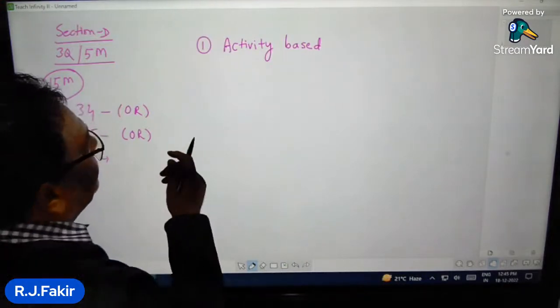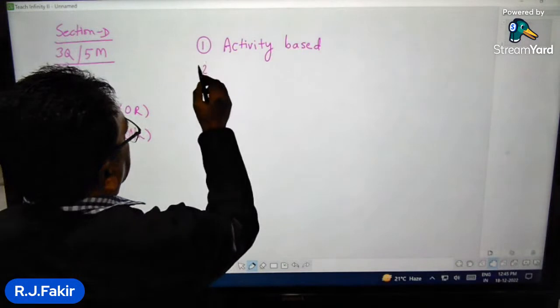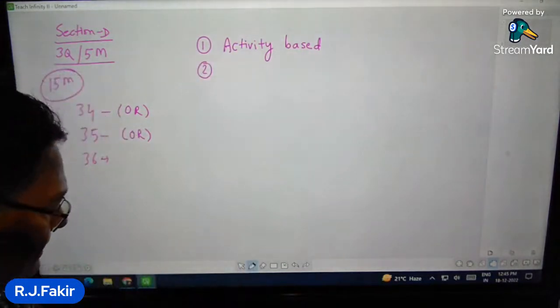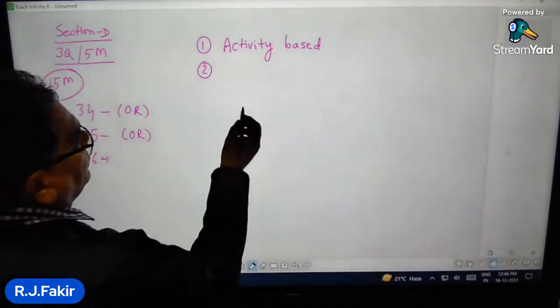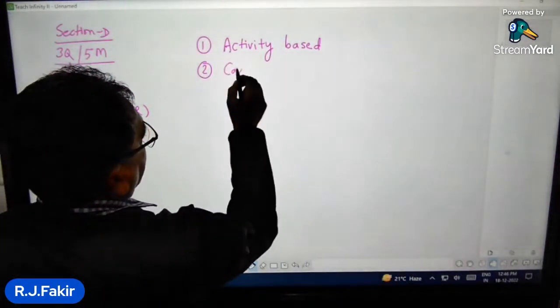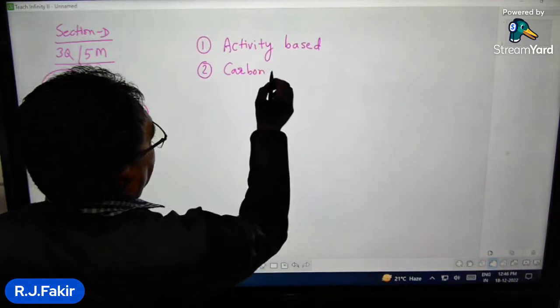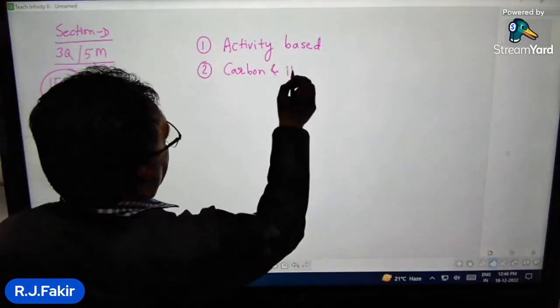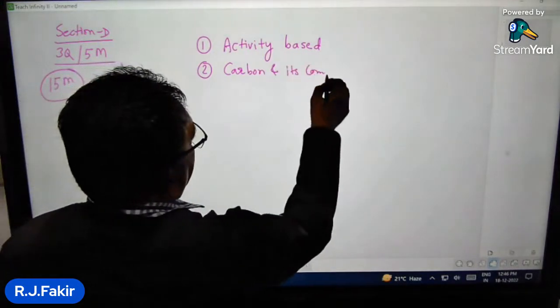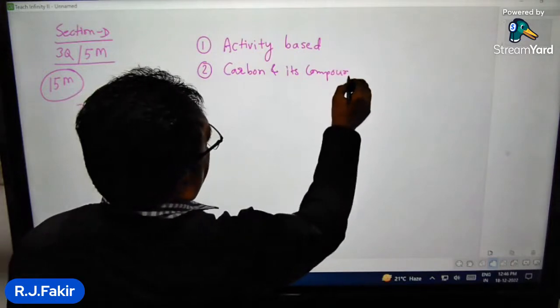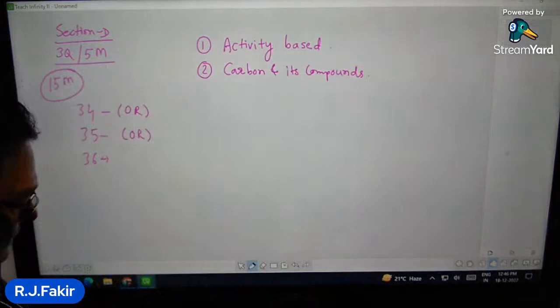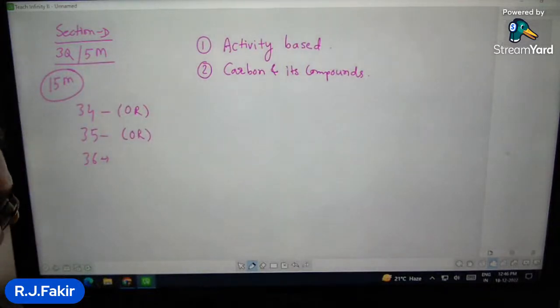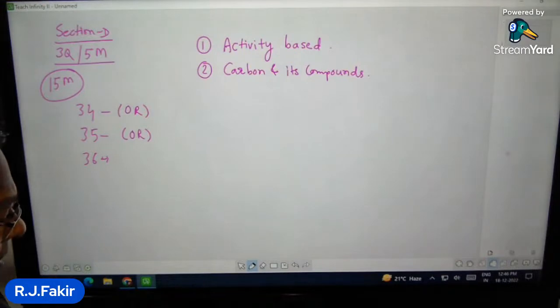The second possibility is that the question can be framed from carbon and its compounds. So what kind of question from carbon and its compounds?